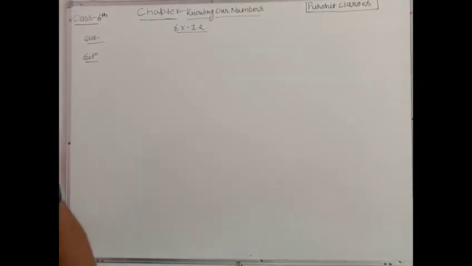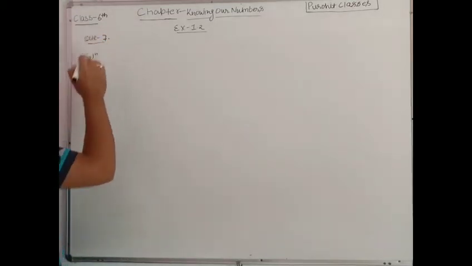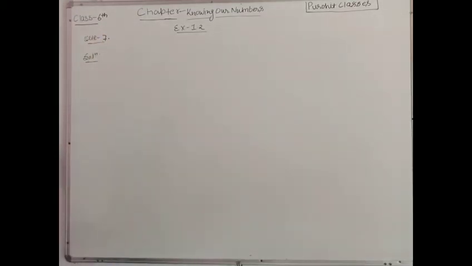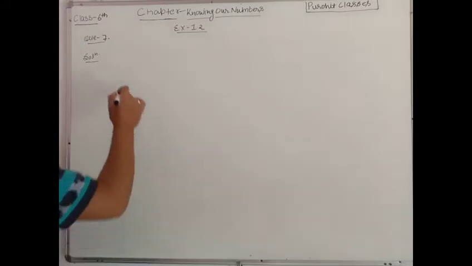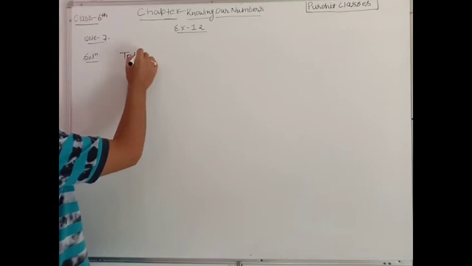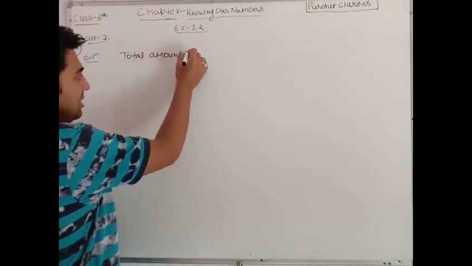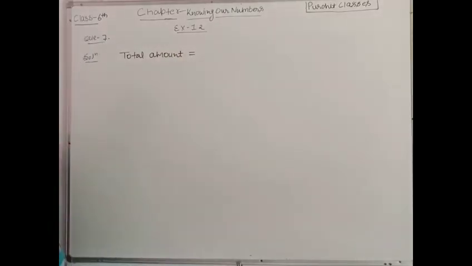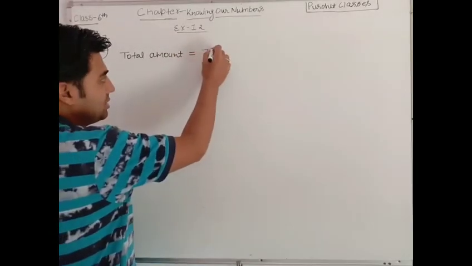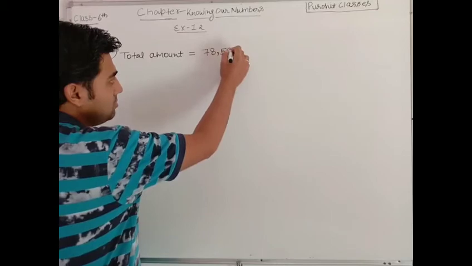Let's see question number 7. A merchant had rupees 78,592 with her. Okay, this is the total amount which a merchant had, equals to 78,592. Understood?